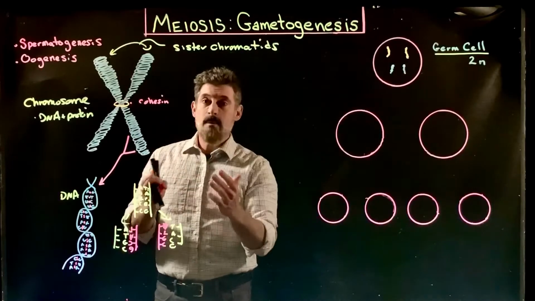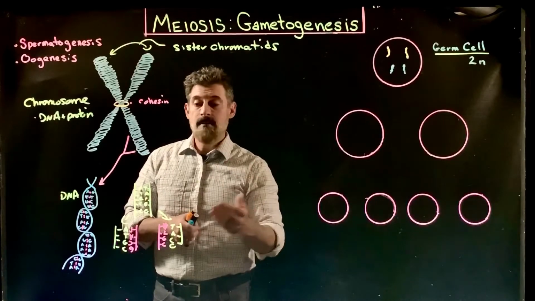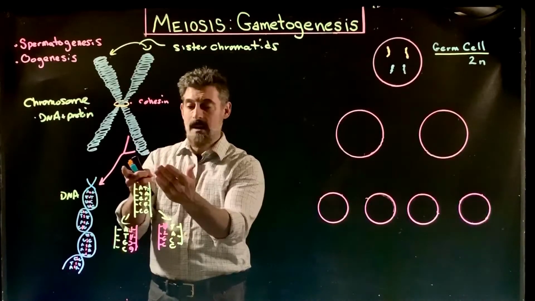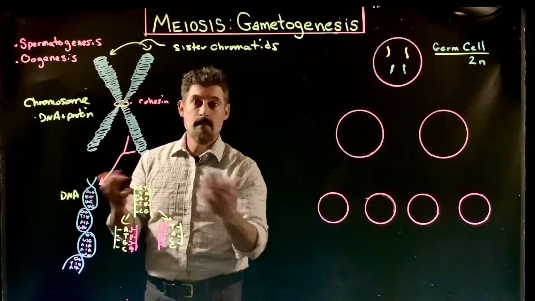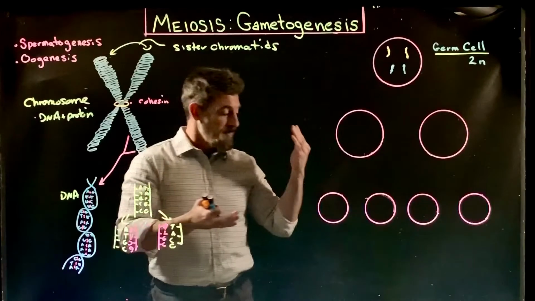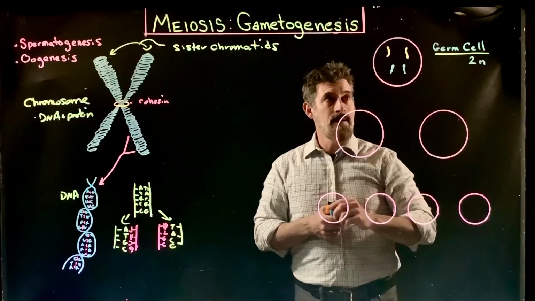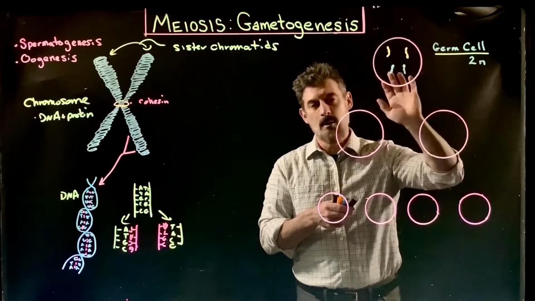So for either process, mitosis and meiosis, what is similar? Starting off, DNA replication precedes each of them. So the DNA, the chromosomes in the cell will double and you'll result in sister chromatids for both mitosis and meiosis. So a germ cell is 2N. That means here, with two different colors, these are two different chromosomes.